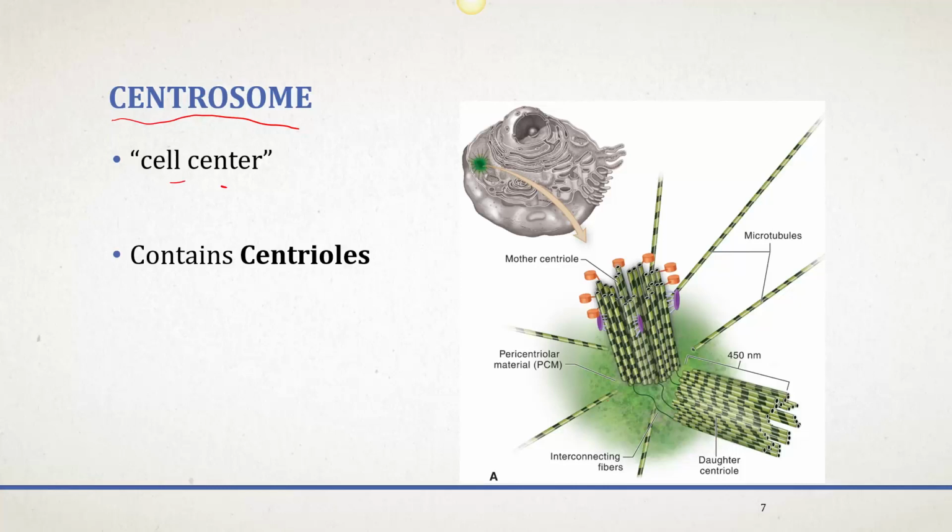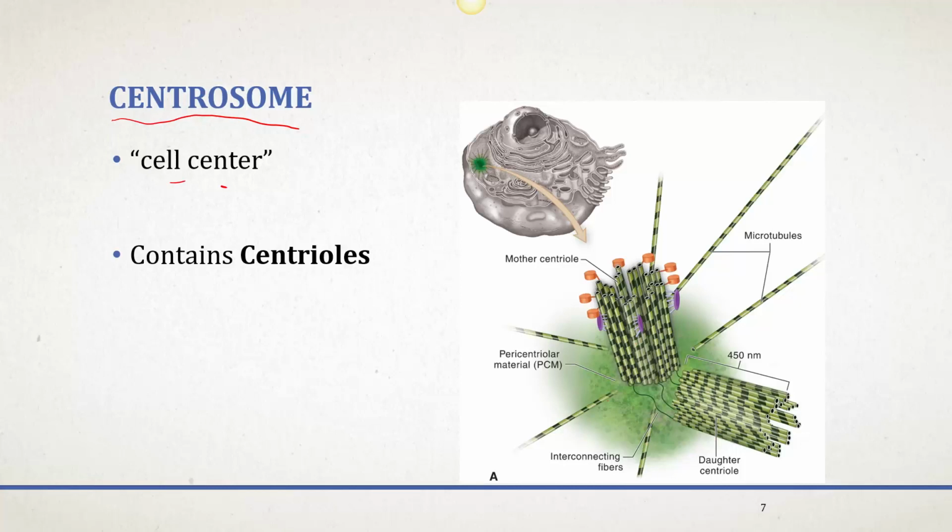And when we say cell center, we're not talking about the physical middle of the cell. We're talking about the point from which the cell is going to start to divide. If this cell wants to make a copy of itself, it's going to grow really big and split in half. Now this is that half mark. This is that deviating point which will eventually separate and migrate toward opposite ends of the cell and allow for the division of this cell.